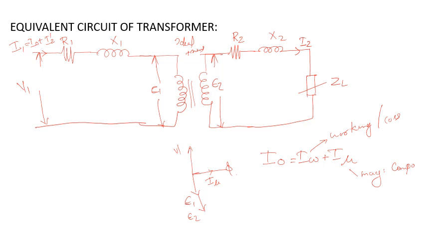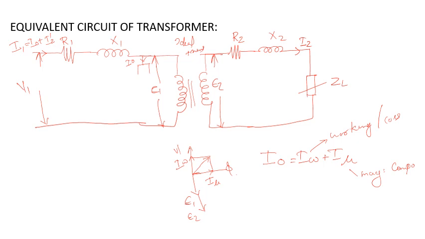And if we consider the practical transformer on no load, then IW will be there. The resultant of IW and I mu will give you the no load current I0. So we have to draw this point here, I0. Here the current I0 is coming.